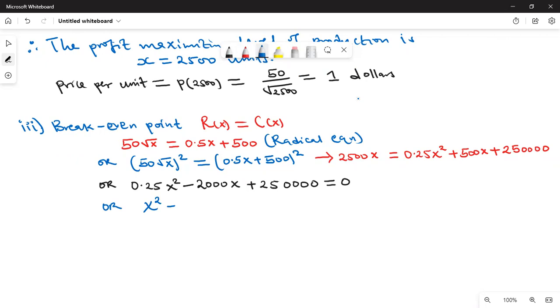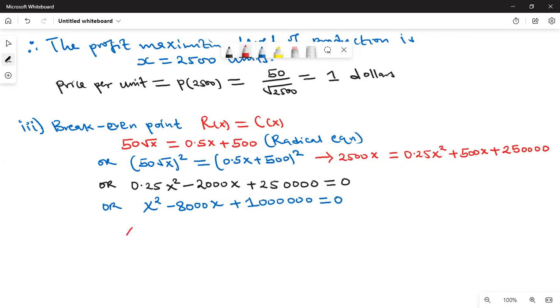That will give us 8,000x plus, now we have 25 with the 4 zeros. We are dividing by 0.25. That will give us 1 million, is equal to 0.